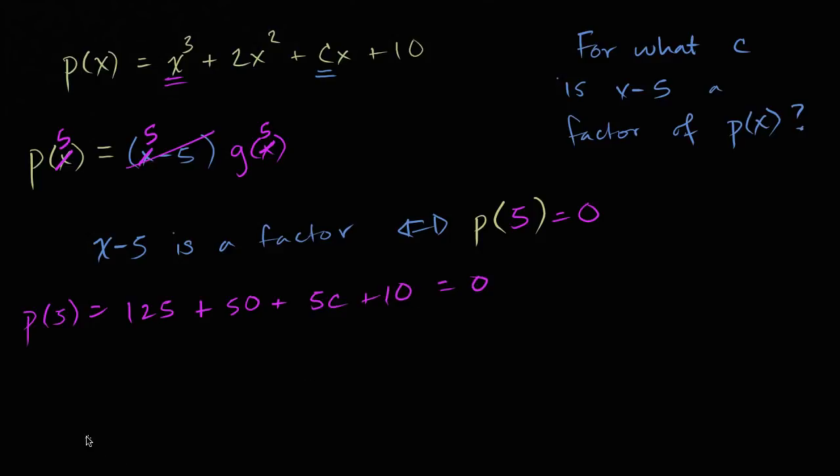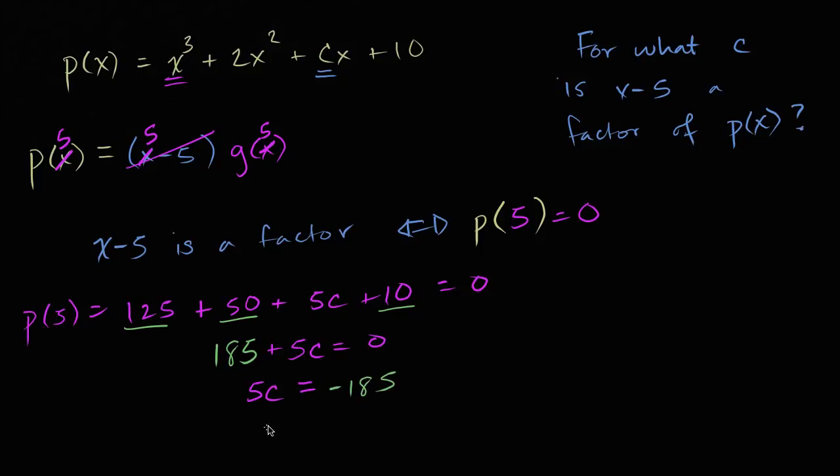That needs to be equal to 0. If we add 125, 50 and 10, we get 185. So we get 185 plus 5c is equal to 0. Subtract 185 from both sides, you get 5c is equal to negative 185.